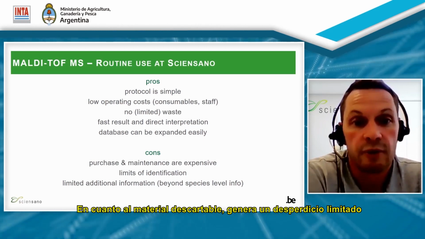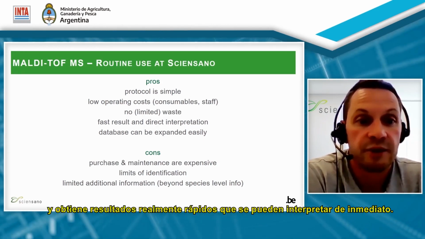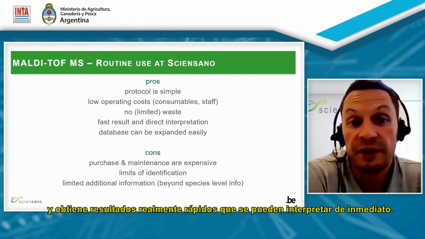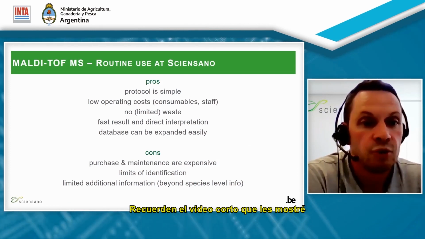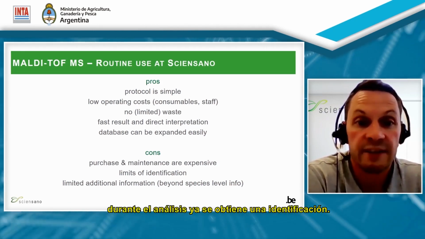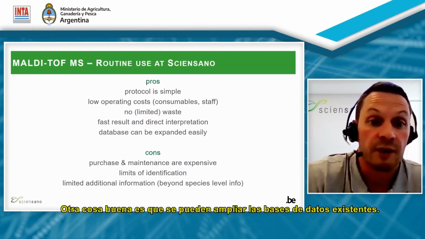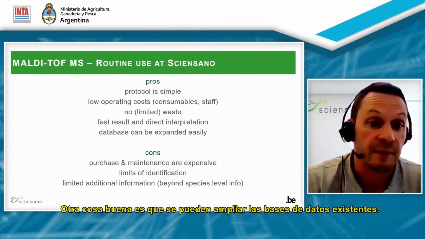Regarding consumables and also staff, you generate limited waste, and you obtain really fast results that can immediately be interpreted. Remember the short movie that I showed you? During the analysis, you already get identification. And also a good thing is that the existing databases can be expanded.